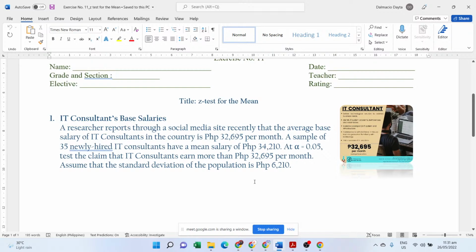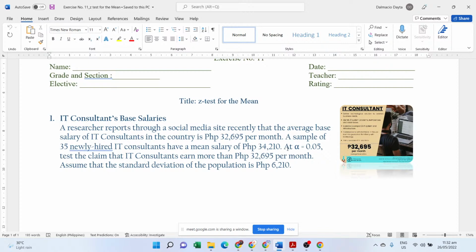Researchers report through a social media site recently that the average base salary of IT consultants in the country is 32,695 per month. A sample of 35 newly hired IT consultants have a mean salary of 34,210 at alpha 0.05.